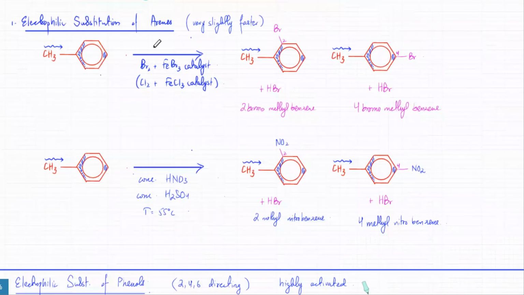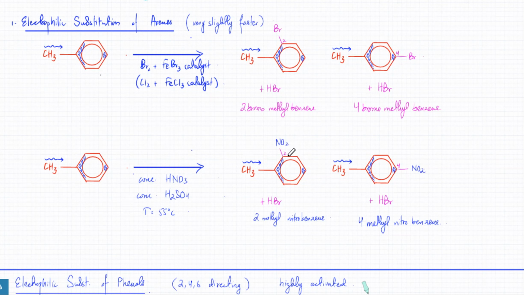So we were talking about electrophilic substitution of arenes, and I told you that alkyl chains have an electron donating effect, but that's not very high. So the reaction is only going to be very slightly faster, and the electron density would be higher at positions 2, 4, and 6. So the bromine will either be attached at position 2 or at position 4. And nitration would be similar.